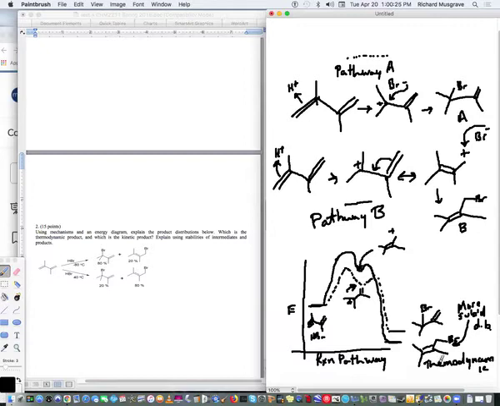So thermodynamics is always about which product is more stable. Okay, so it's a more stable product. And the kinetic product is this one.